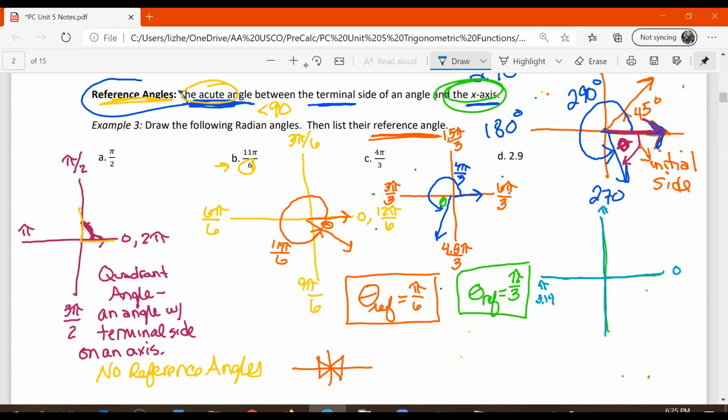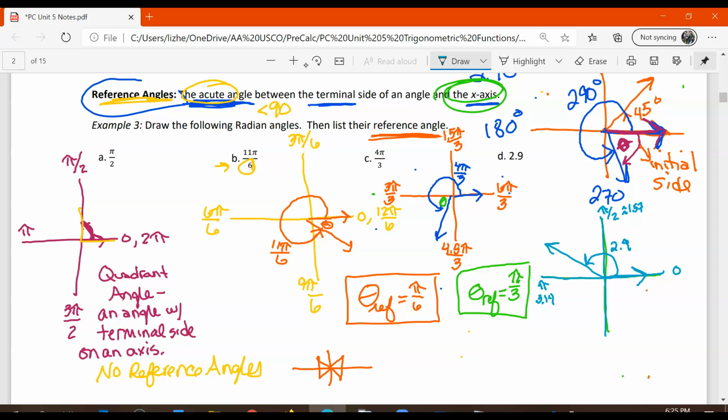This is pi over 2, which means this would be like 1.57-ish. I hope I did that math right. But anyhow, 2.9 would be right over here somewhere. So here's my initial side, there's my terminal side, and there is 2.9 radians.